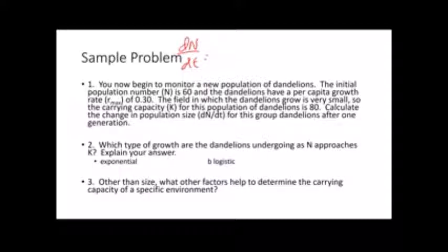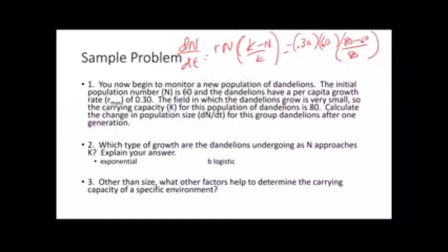This is what our equation looks like: dN/dt equals r times N times the fraction K minus N all over K. So for this calculation, let's take our R max, which is 0.3, times our initial population size, which was 60, times K, the carrying capacity, which the problem told us was 80, minus the population size, 60, all over K again. And again, K is 80.